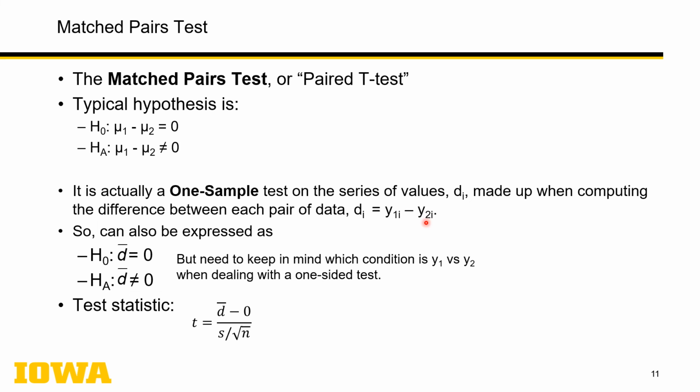Right? You end up with a bunch of differences. And so you're actually back to a one-sample test on these differences. So you can express the null this way: are the differences equal to 0 or is the difference not equal to 0? And the test statistic looks like this, identical to a one-sample test.